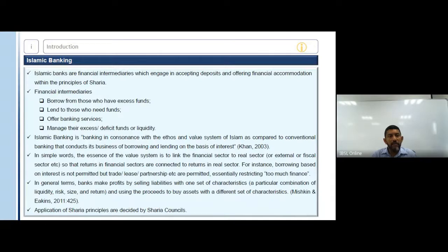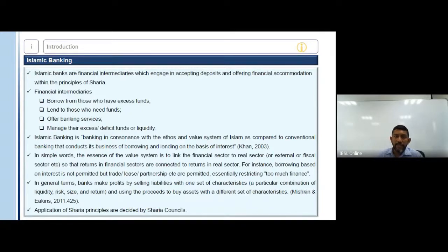First of all, we will start by defining Islamic banks or Islamic banking as financial intermediaries, a financial intermediation process within the principles of Sharia.